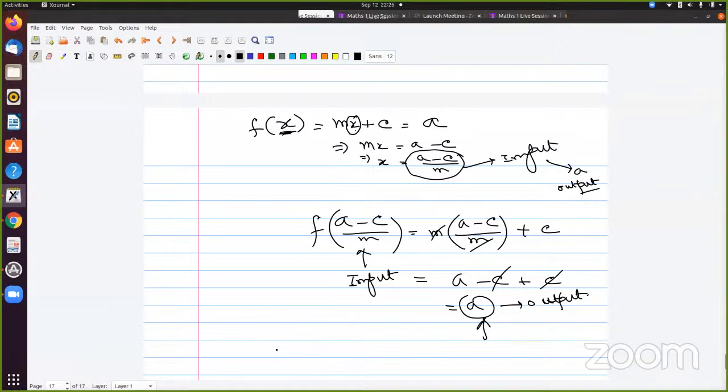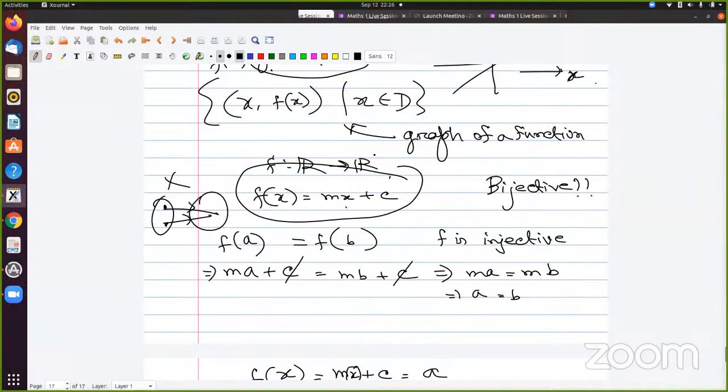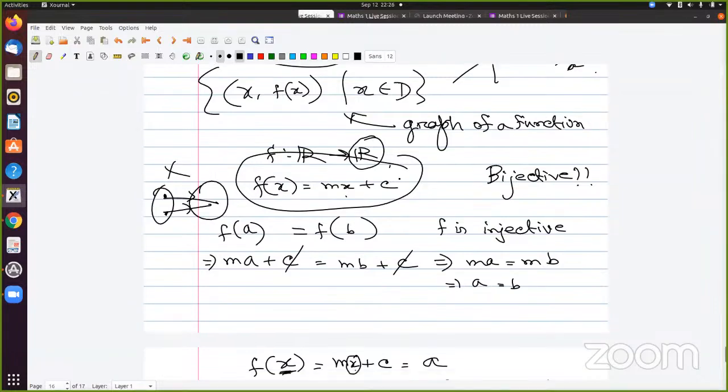Is this clear, Nishi? Yes, sir. So what is the range? The range is all real numbers, exactly. What is the codomain? All real numbers. So is it surjective?